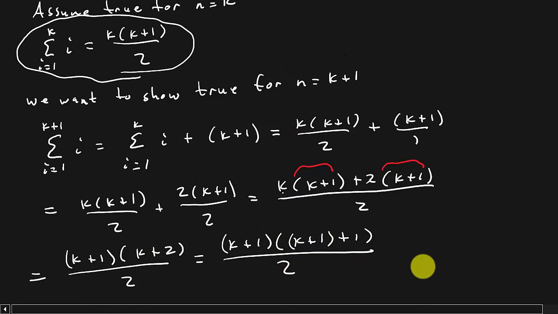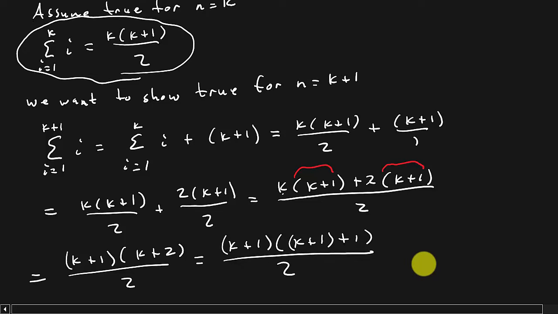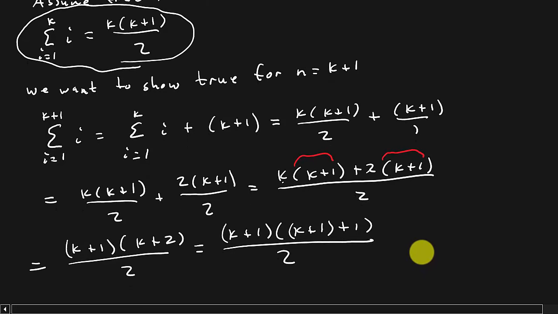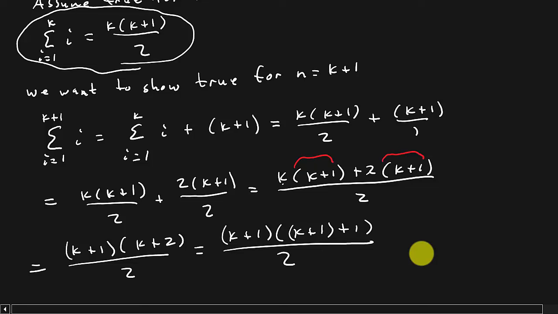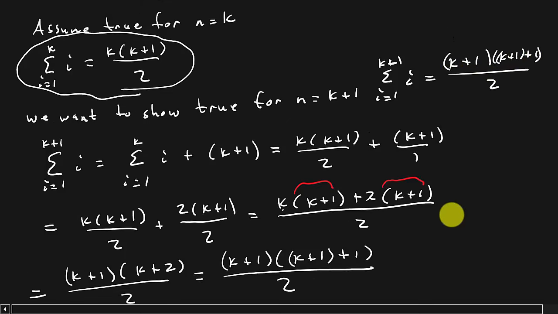And then you can see that, well, I didn't write it down up here, but we want to show that the sum from i equals 1 to k plus 1 of i is equal to k plus 1 times k plus 1 plus 1 over 2.